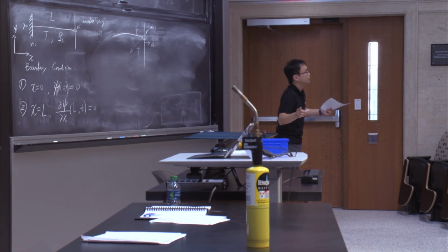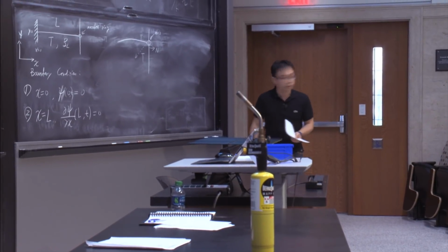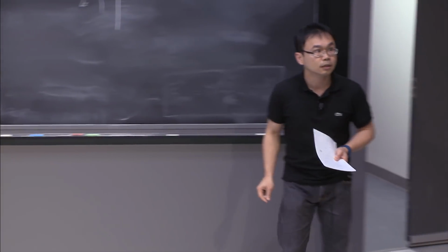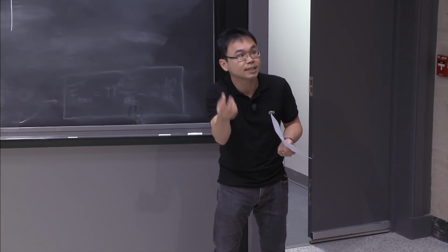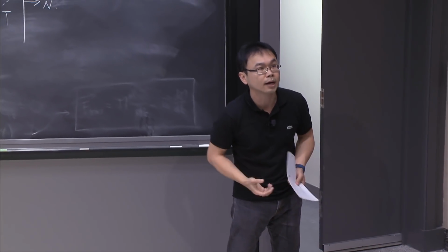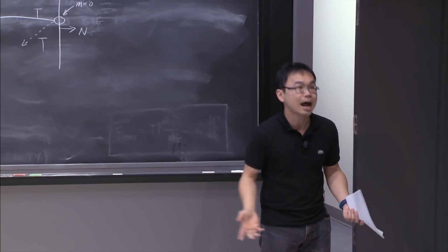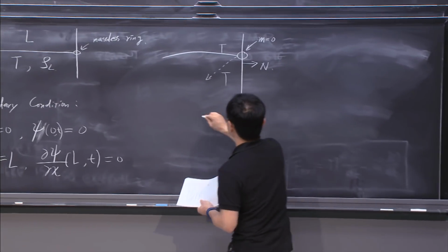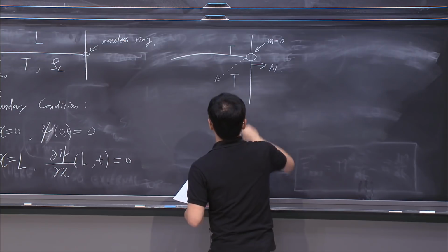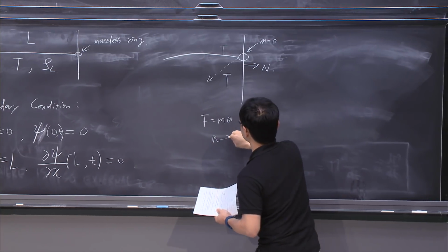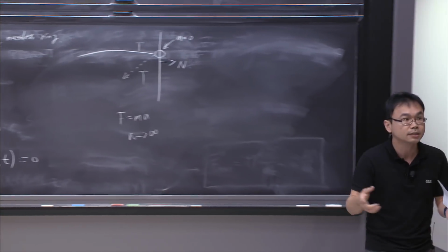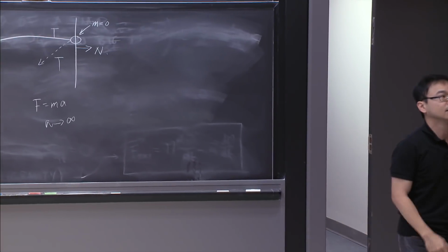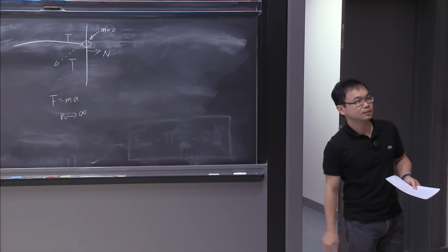Then this massless ring will suffer infinitely large acceleration, because F is equal to ma, and m is 0, so a goes to infinity. So that means this ring will disappear, go to the edge of the universe.